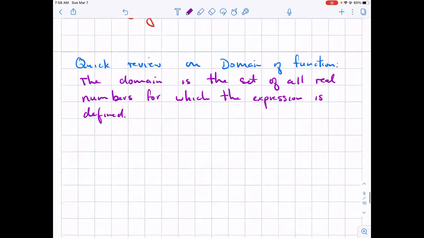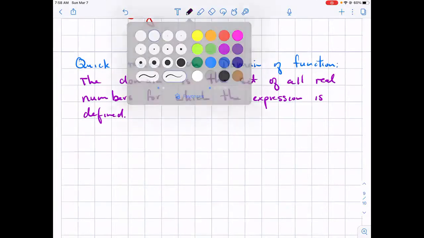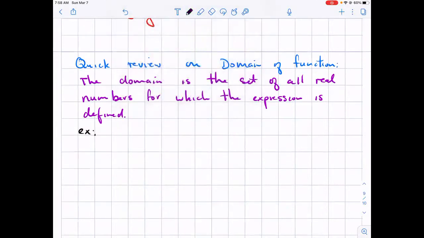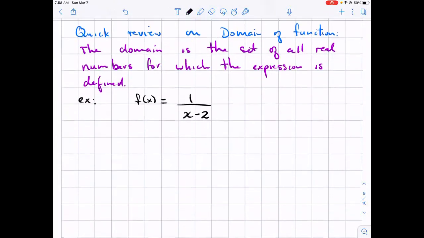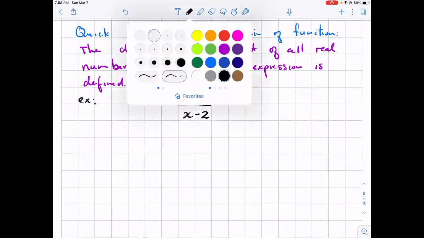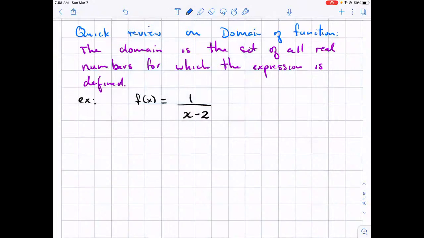For example, if we have f of x is equal to 1 over x minus 2, okay? So notice the domain excludes certain x values.